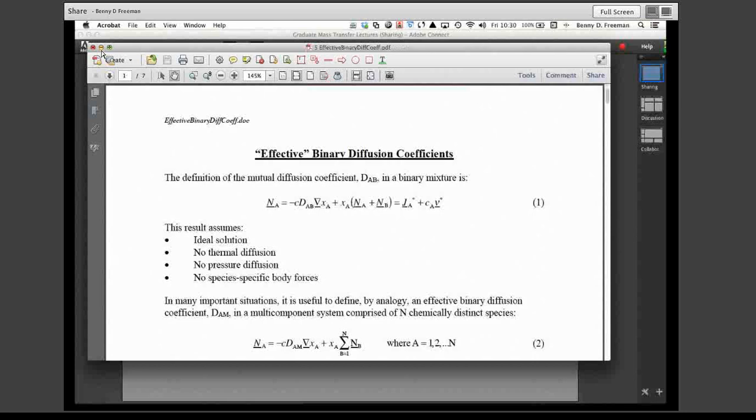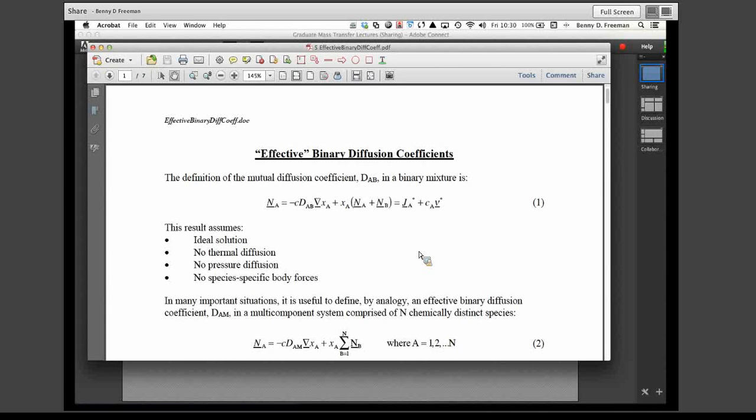One of the things that is very typically done in practical problems is to use the so-called effective binary diffusion coefficients. That is, to reduce multi-component problems to problems that are modeled using an effective binary model. So what does that mean?